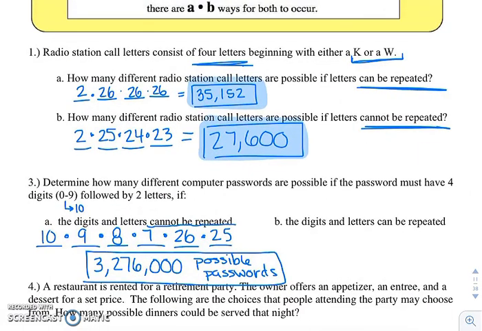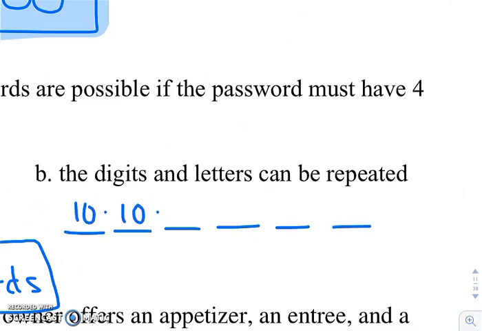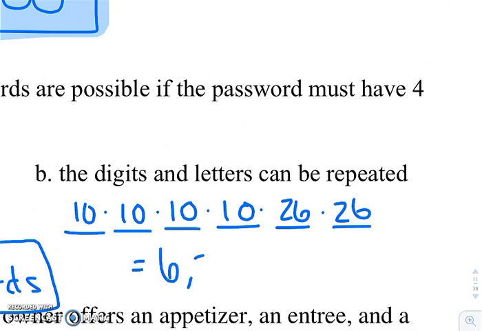B then says, what if the letters can be repeated and the digits can be repeated? Same thing, we're going to have 4 digits and 2 letters, but if they can all be repeated, we can use the same one over and over again. Each time we pick a digit, we're going to have 10 options, and for the letters, both times, we're going to have all 26 options. So 10 times 10 times 10 times 10 times 26 times 26 gives us 6,760,000 possible passwords.